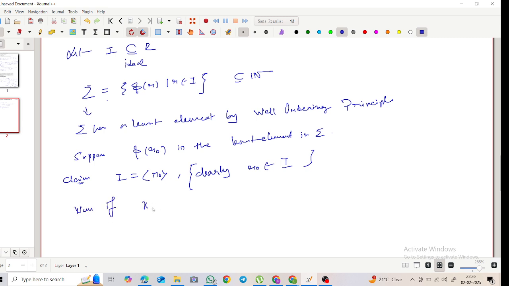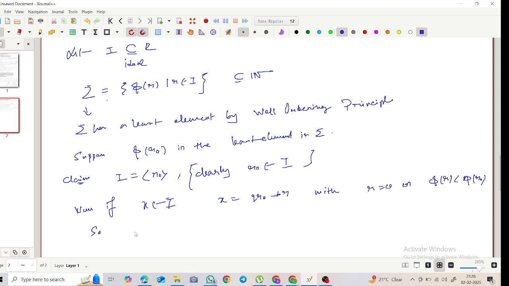Now if x belongs to I, remember R is a Euclidean domain, so you can write x equals q r0 plus r, with r equals 0 or phi(r) less than phi(r0).